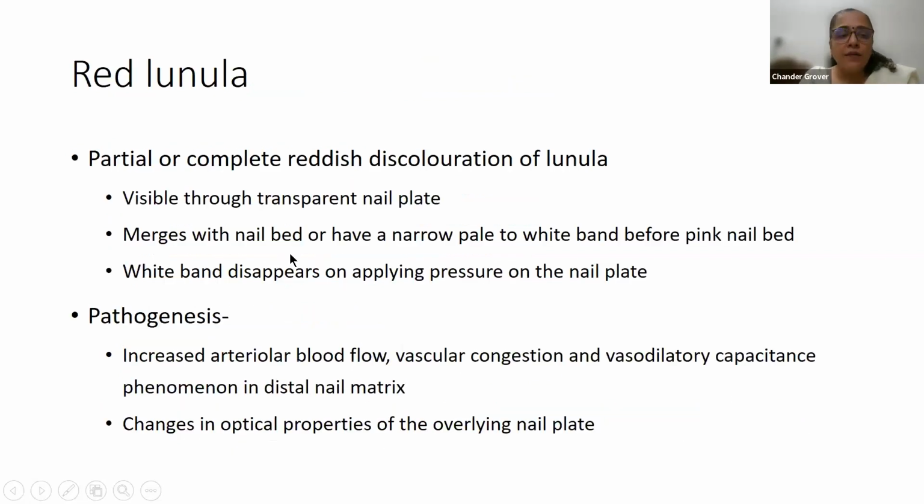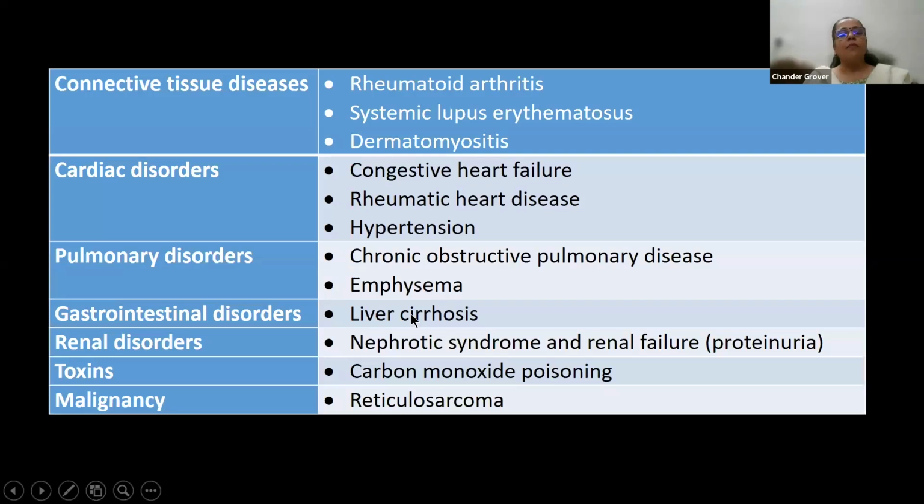Red lunula, where the bed is normal, but the lunula is red. It has been classically associated with carbon monoxide poisoning, but there are other causes to it as well. It's associated with CTDs, cardiac disorders, pulmonary disorders, gastrointestinal disorders, renal disorders, and malignancies.